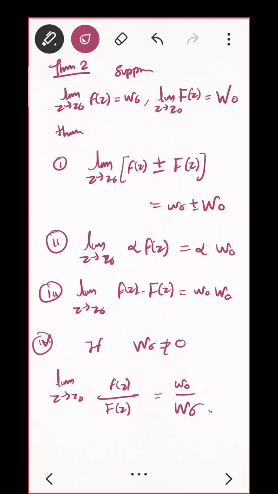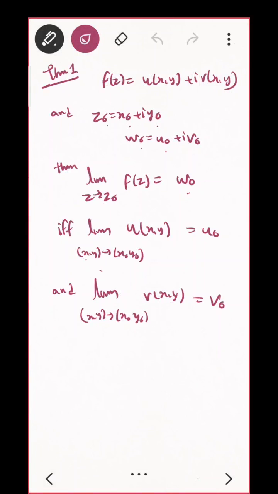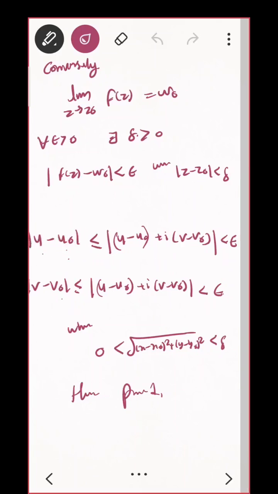And you can use this theorem: if the real part and imaginary part limits exist, then you can say that the limit exists. And also one more property: if you take limit z tending to z naught, p of z, where p of z is a polynomial of degree n, then this will be equal to p of z naught. That is quite easy to prove. You can prove that.